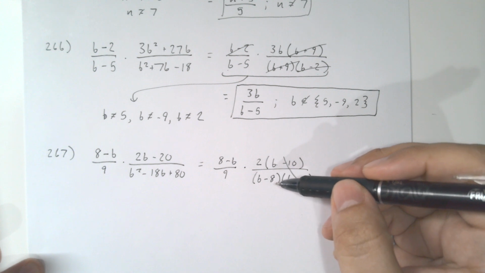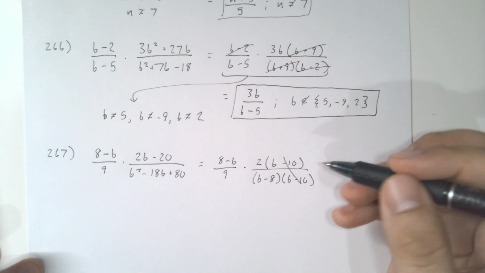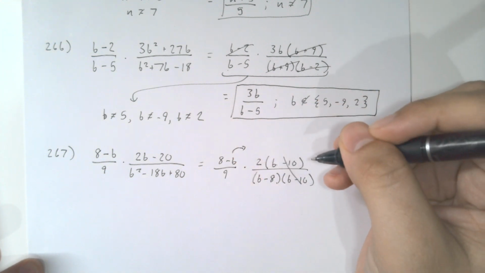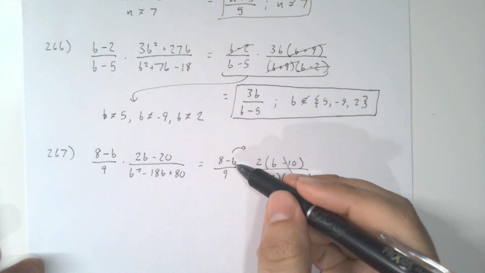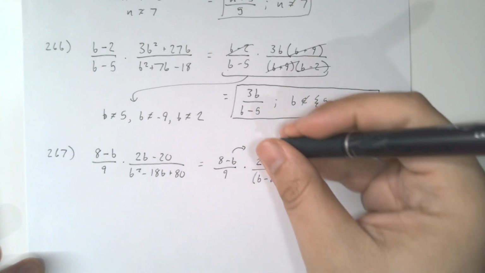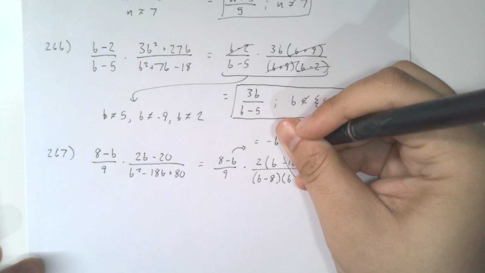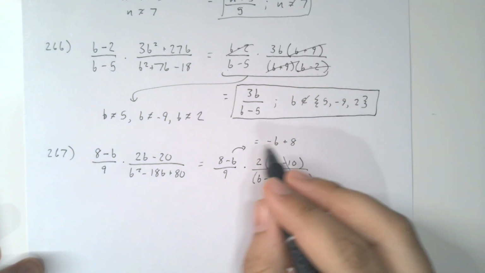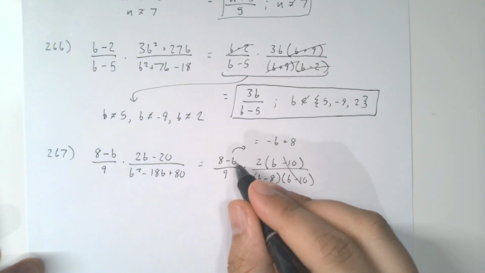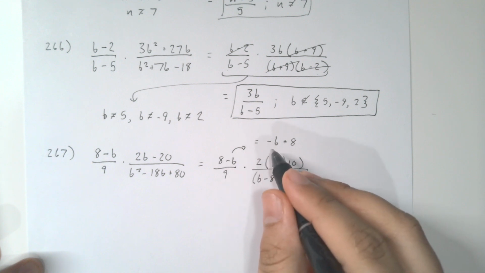Those look kind of similar, and that should tell us that they actually might cancel. And what you can do with this one, this 8 minus b, is you can rewrite this as negative b plus 8. You can just switch these two values around.